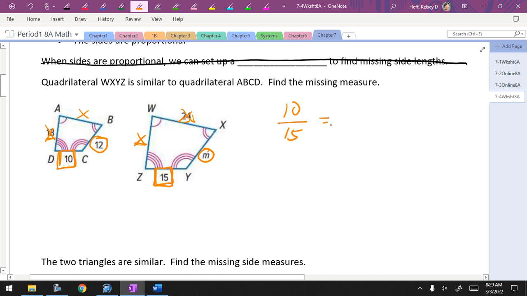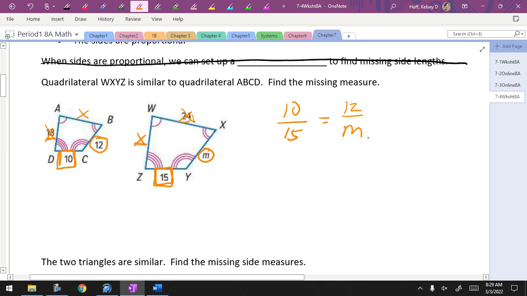With 10, what number is in the same shape as 10? 12. So that one goes on top. What does 12 match up with? M.